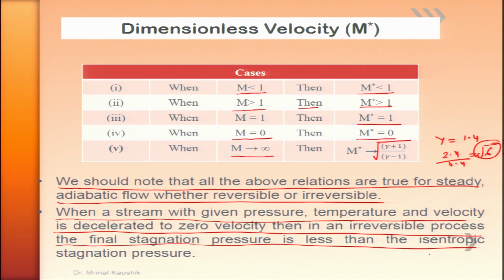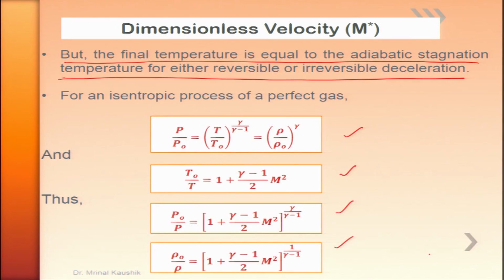In irreversible cases, the pressure will always be lost, and in that case the stagnation pressure to static pressure relationship will not hold, whereas the temperature relationship is already valid, as we have shown. Now, since we have covered this, let us move further ahead.